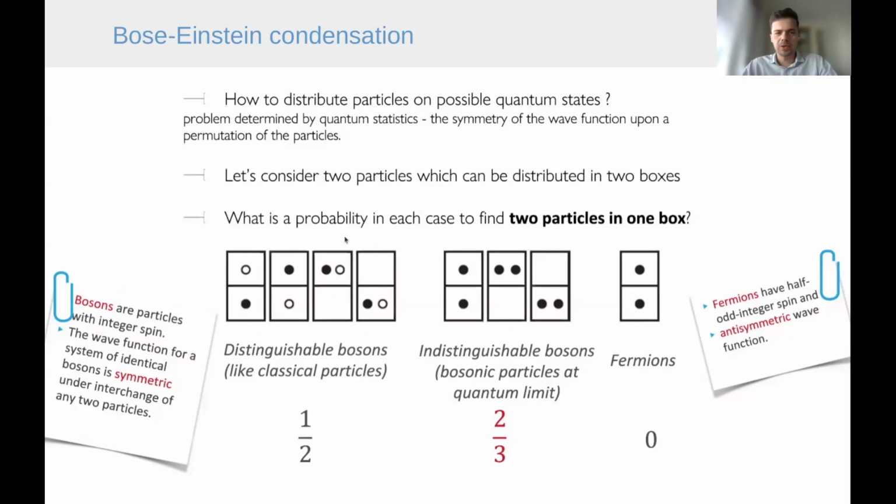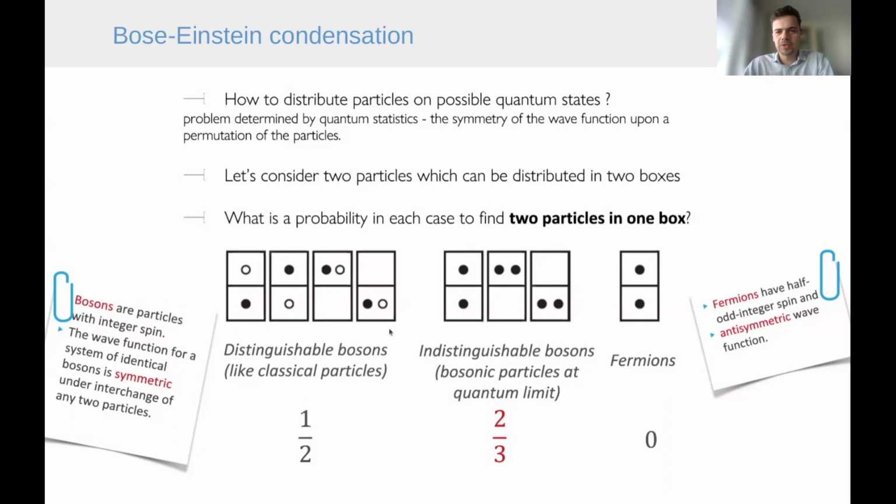In the case of distinguishable particles, we have four possibilities. Either the white can be in the first box, dark one in the second box. They can be reversed, or both particles can be in either of the two boxes. So the probability to find two particles in the same box corresponds to these two cases. So the probability is 1/2.